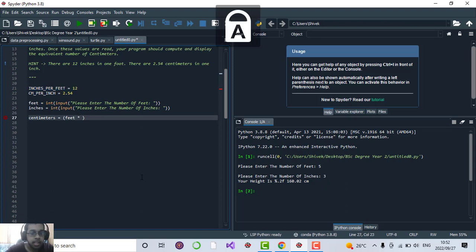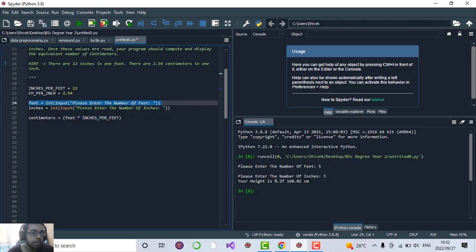So this will get us the number of inches in the feet that was entered by the user. For example, if the user enters 1 times 12, there's 12 inches in 1 feet. And this operation effectively gives us that feet value in inches. That's very good.